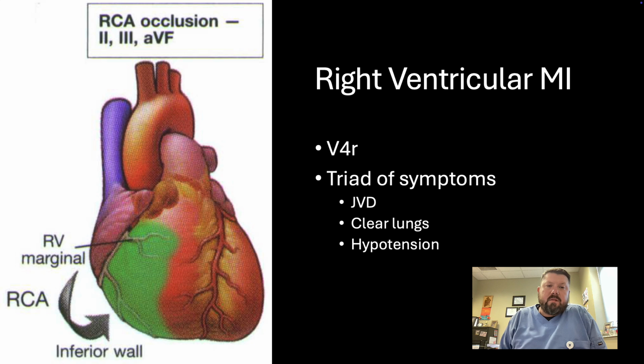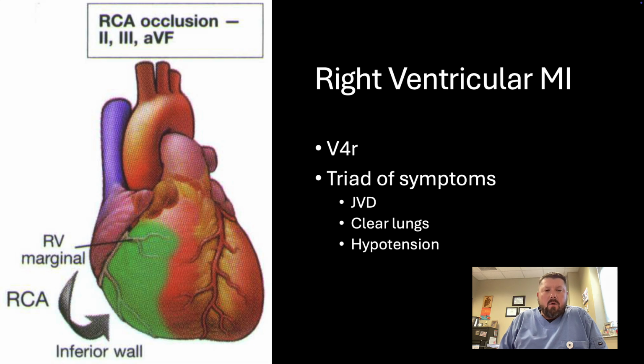So another concept to think about, what about a right ventricular MI? So we said that the inferior leads are supplied by the RCA a large portion of the time. So it would only lead you to believe that a large amount of inferior MIs have right ventricular involvement, and that is true. So what do we do if we see an inferior MI?